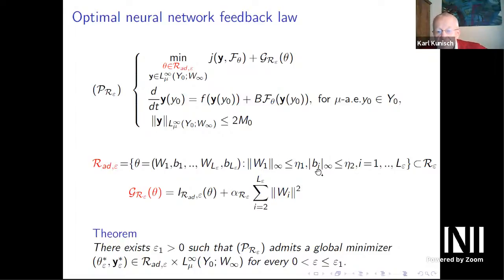We have explicit bounds on parts of the parameters, and penalty functions on the remaining ones. But the penalty parameter alpha cannot be arbitrarily large, because otherwise we lose our initial problem. We need it to go to zero, depending on epsilon, and epsilon needs to go to zero as we take the network size to infinity. Under these conditions, the approximating problems admit global minimizers.